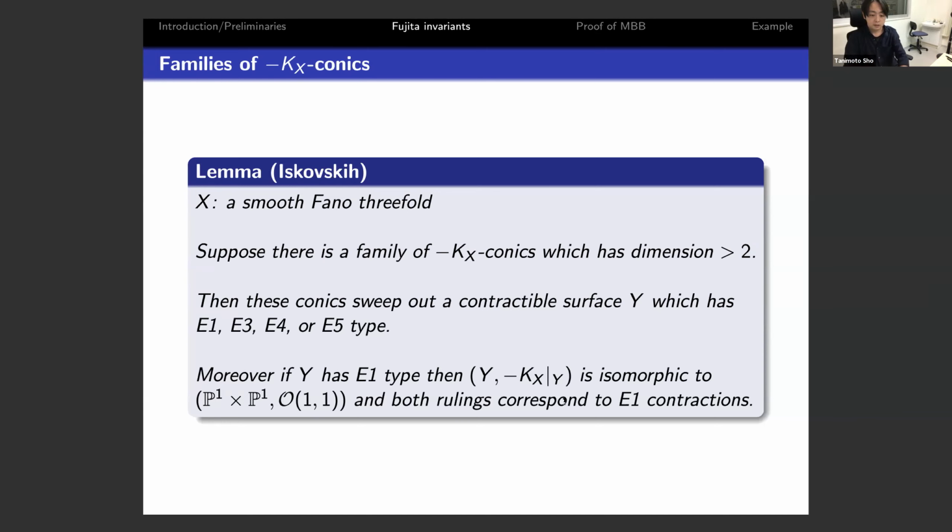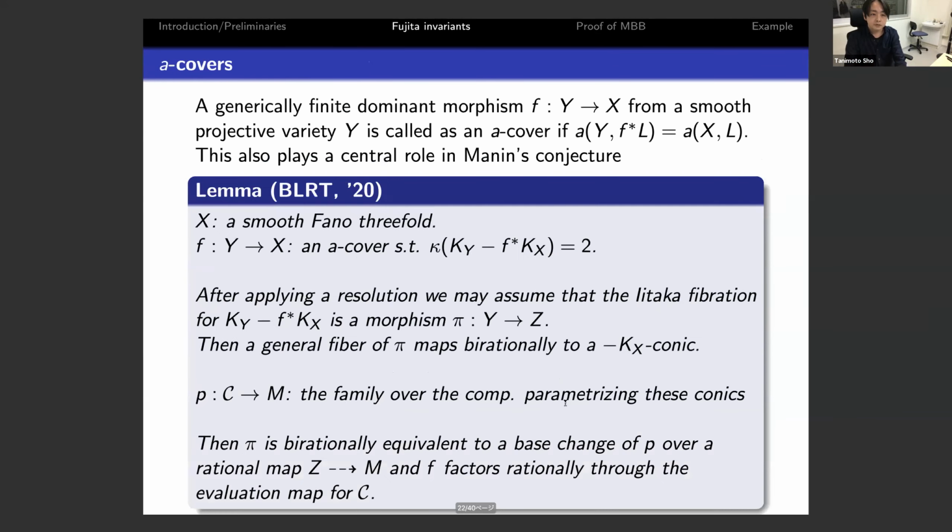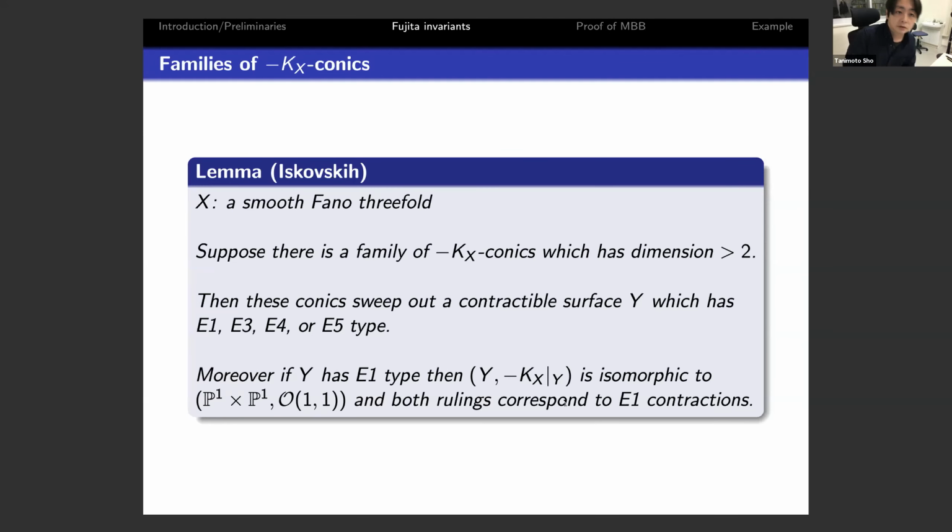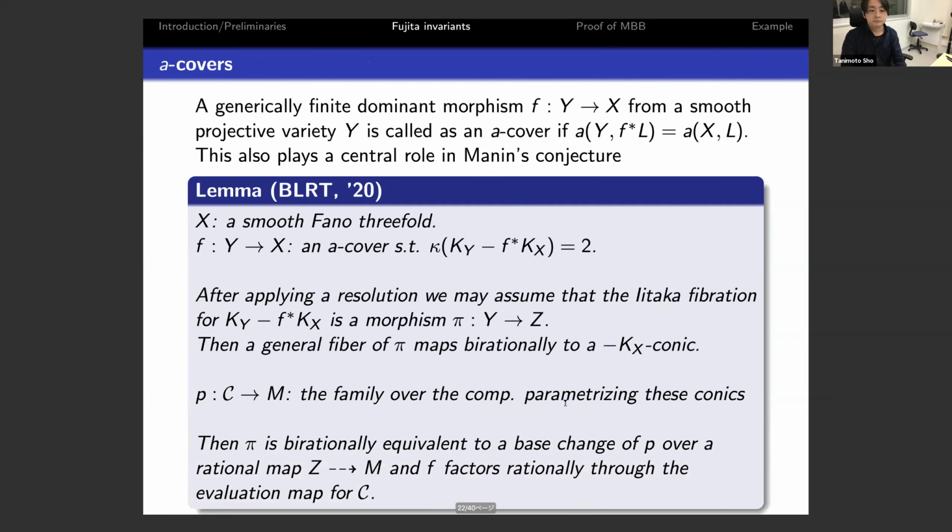All right, so that's subvarieties of higher A invariants. One can also analyze A covers. Suppose we have a generically finite dominant morphism f from Y to X from a smooth projective variety.